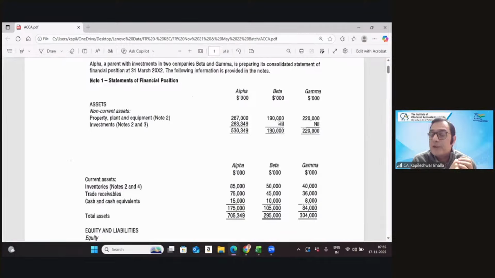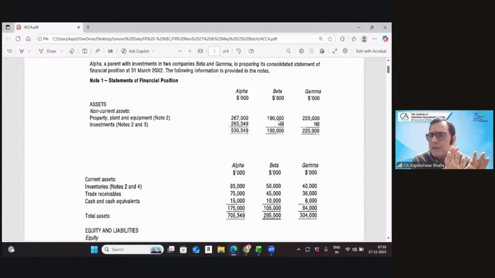And the following information is provided in the notes. So we're given a note number 1 where the balance sheet extract of the companies Alpha, Beta, and Gamma is given. We can see certain references of notes given in the question, like investments has got note numbers 2 and 3. PBE has got note number 2.